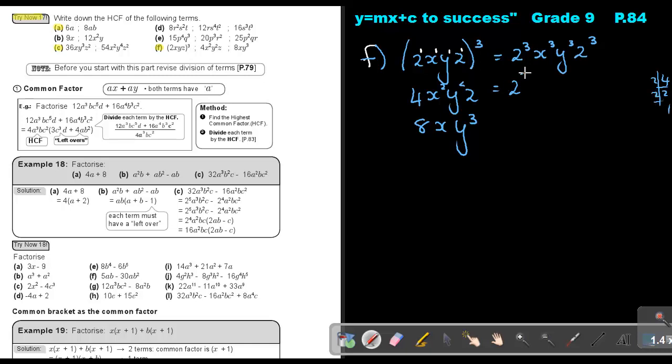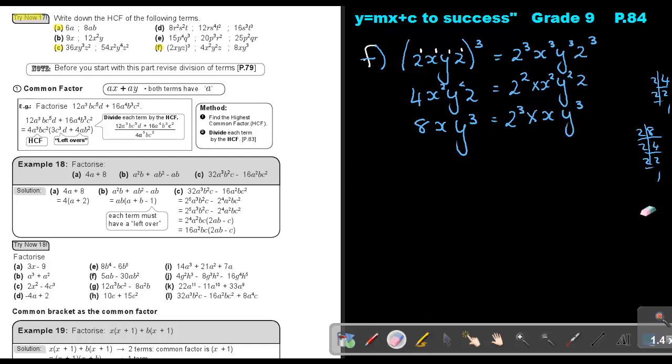So it's 2 to the power of 2 times x2, y2, and z. And then the last one, can you still remember 8? That's easy. 2, 4, 2, 2, 2, 1. So it's 2 to the power 3 times x, y3.